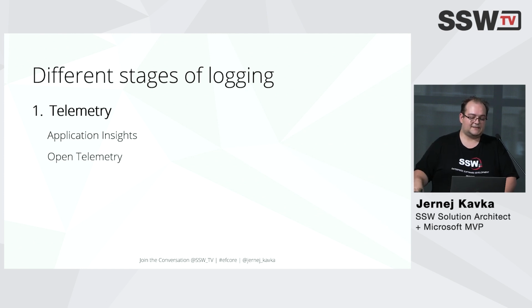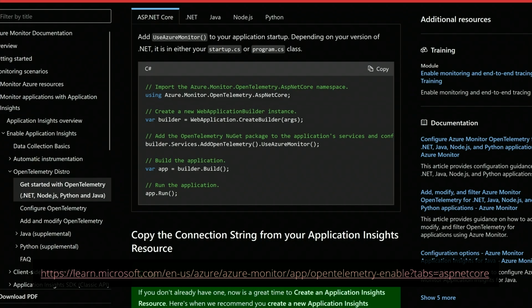If you're on the .NET 8 side, you now have OpenTelemetry, which allows you to also link up with other services. And here I have added a link to the Application Insights setup.